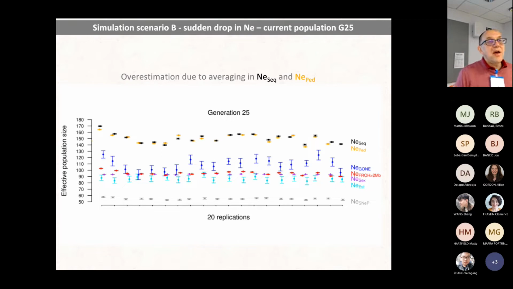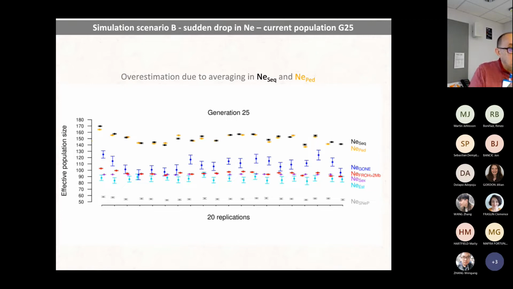No, this is in fact because those coefficients were calculated under the assumption that we didn't have a sudden drop. So when estimating this delta F, we are also averaging the values from when the effective population size was very, very big, and this is why the values are up.